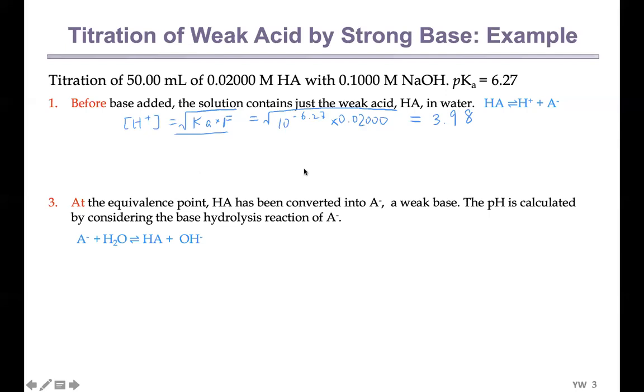What about the third case at the equivalence point? Now, first of all, we want to determine what the equivalence point is, right? Can you let me know what would be the equivalence point for this question in the unit of milliliter? Or in another word, how many milliliters of the sodium hydroxide you have to add to the solution to finish the titrating of the weak acid?